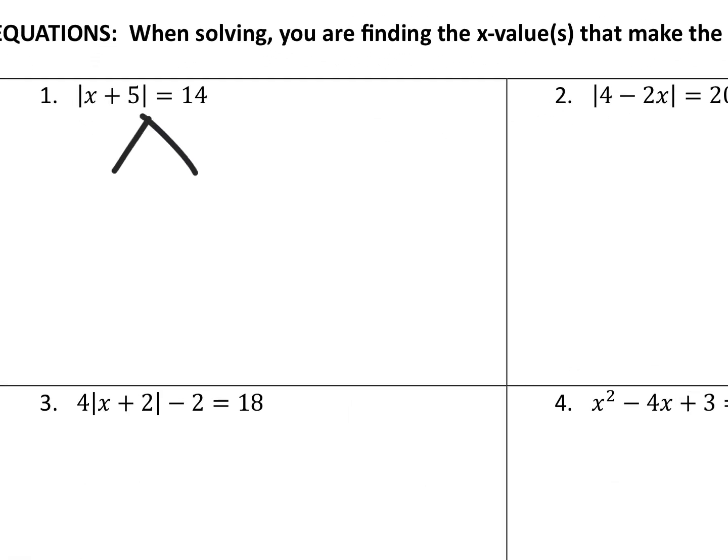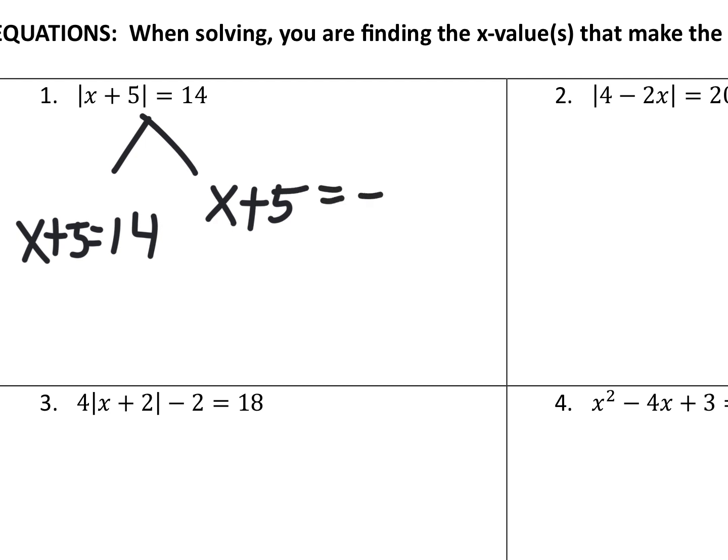All right, everybody split this into two equations. X plus 5 is 14. And it's really common for people to think you put the negative on the left side. You do not. X plus 5 equals negative 14. Notice they look identical except that one got a negative. And that's how you solve these. They're really easy if you draw the two equations right.